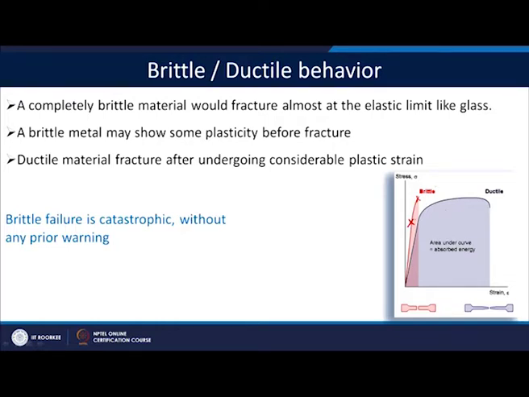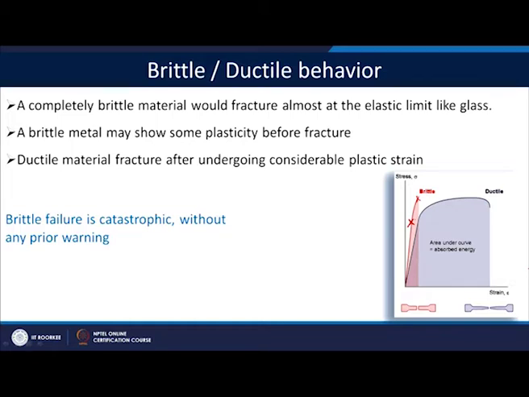In that case you will see the fracture in the elastic limit itself. Ductile material fractures after undergoing considerable plastic strain, and this is what a ductile material is. So, considerable plastic deformation will be there. So, area under the curve will obviously be more for the ductile material, absorbed energy will be more. So, you can also say that toughness of the ductile material will be more.